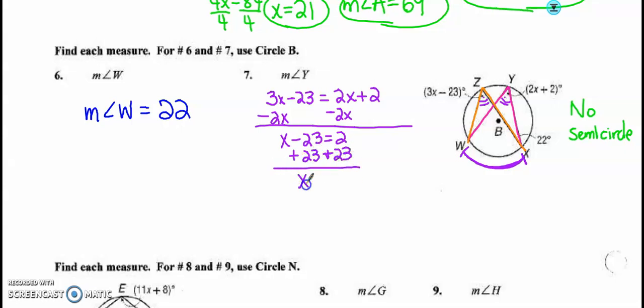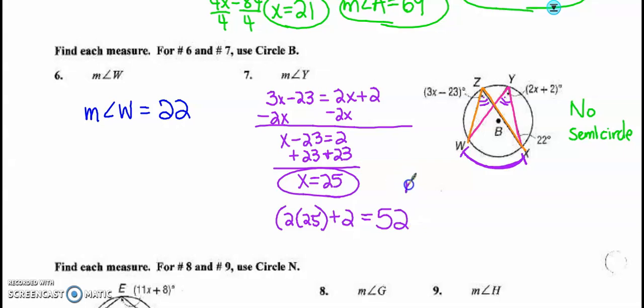We get x equals 25. So since x is 25, to find the measure of angle Y, we're going to sub it back in. 2 times 25 plus 2 gives us 52. Therefore, the measure of angle Y is 52.